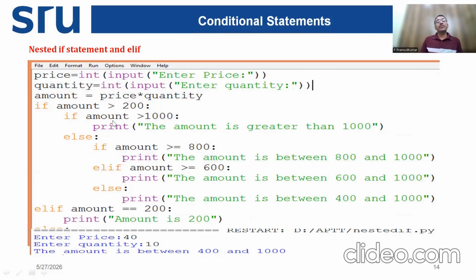But inside the inner if, again I have used else if, that is ladder. That is also possible. We can place if in if, and we can place a ladder else if in else or if, right? That is how we can manage. So it depends on the complexity of a problem statement. We can go on adding the nestings.